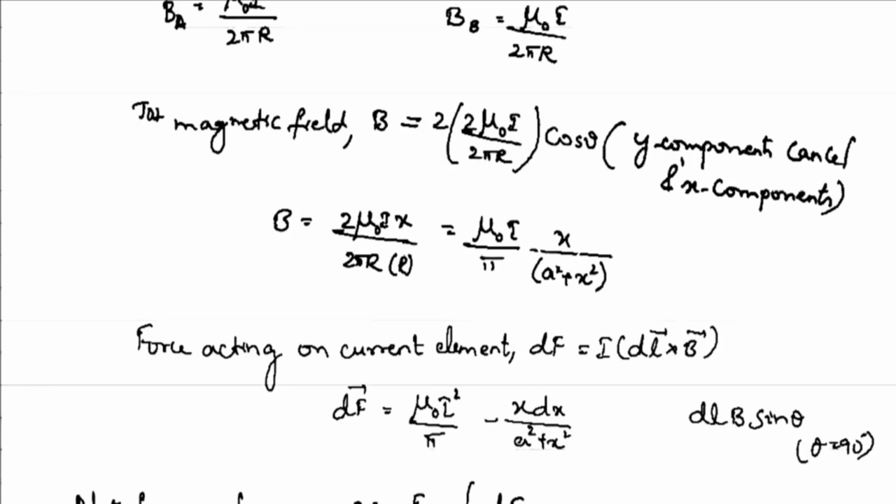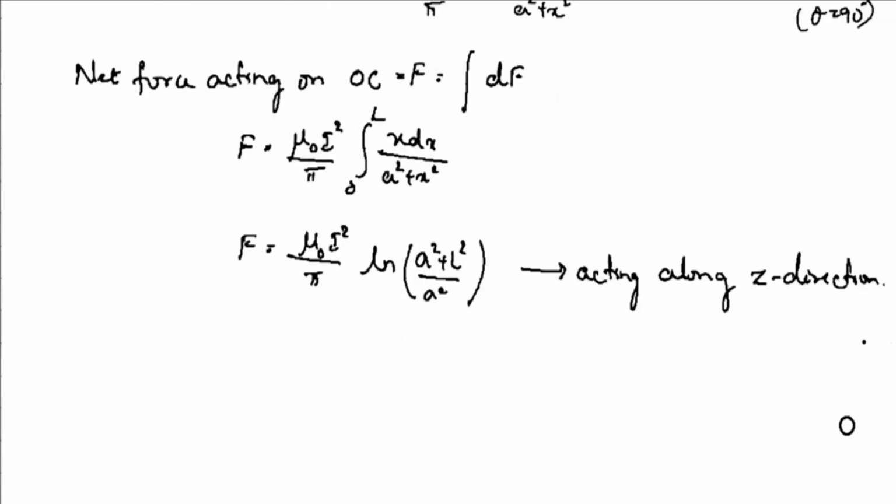But when the current B is reversed, the magnetic field in both the wires will be only along x direction, and the force on a current carrying wire along x direction becomes 0.